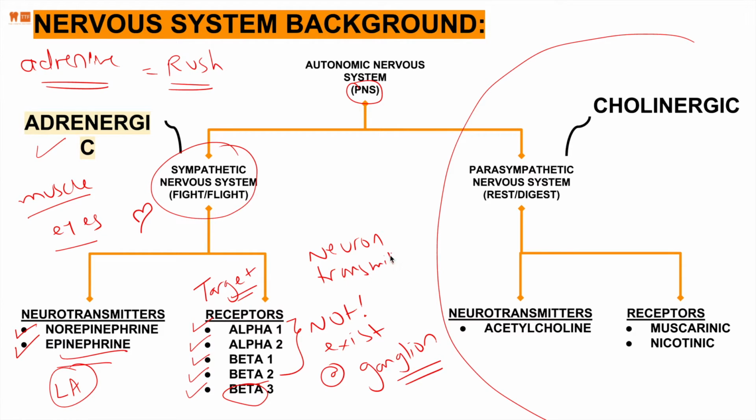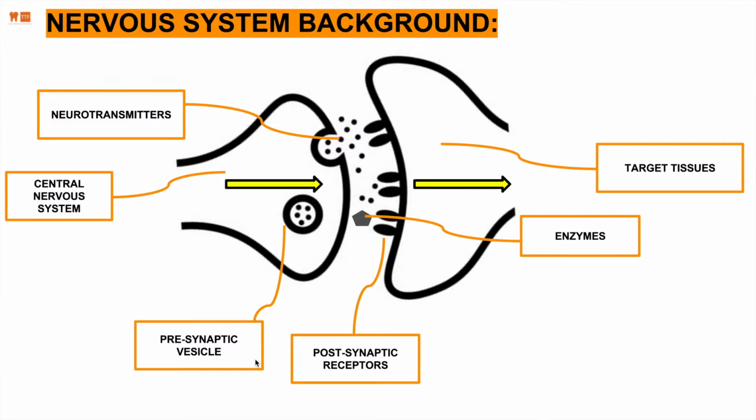It's how the CNS, or in this case the peripheral nervous system, communicates with the target organ. It has to go through a ganglion. We'll take a look at it in just a second. However, the target receptors are alpha 1, alpha 2, beta 1, beta 2. Fair enough, guys? Let's move on.